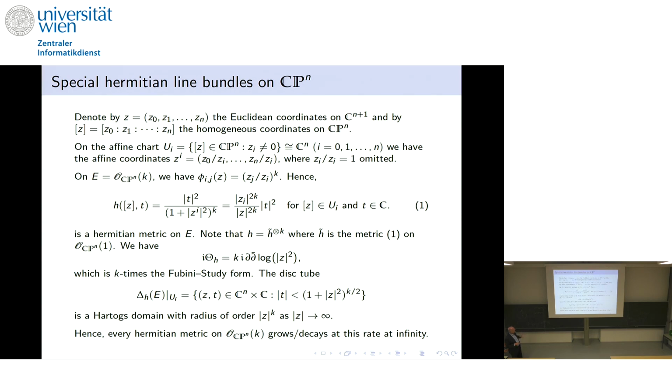The curvature of these specific metrics is just k times the Fubini-Study form. So when k is equal to 1, this is positive. And the disk bundle grows at this rate because the disk bundle is where H is less than 1. So you see from this formula that in a chart, it grows like this. So let me draw a picture here.